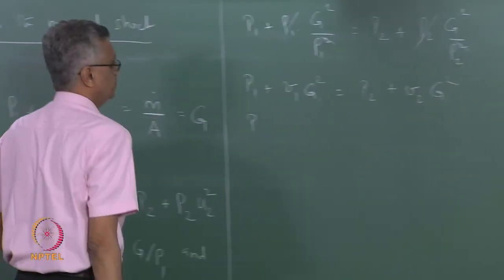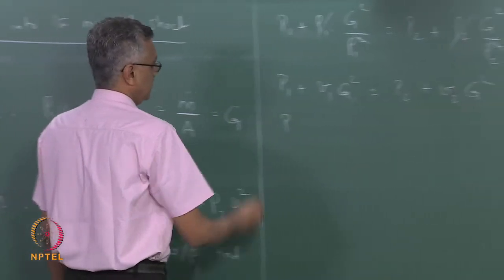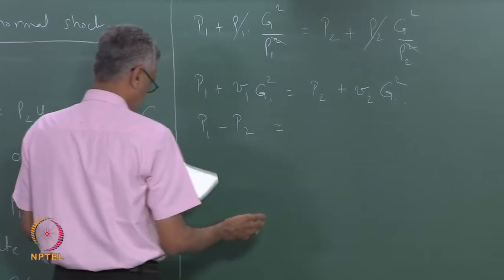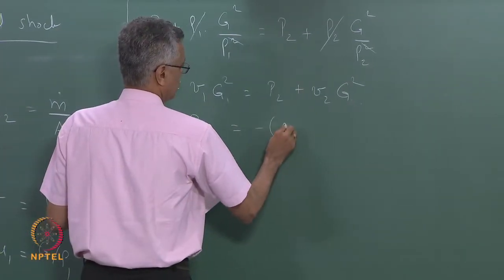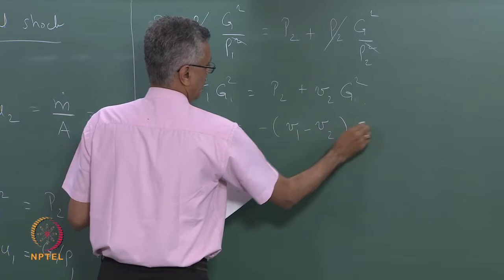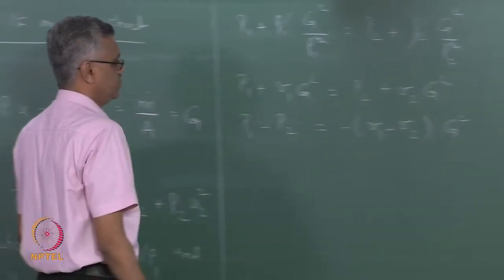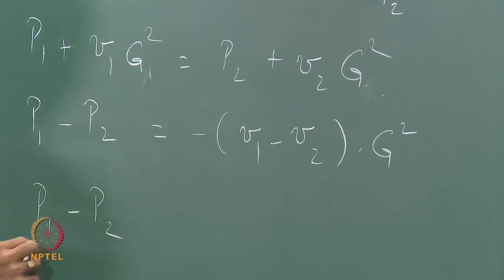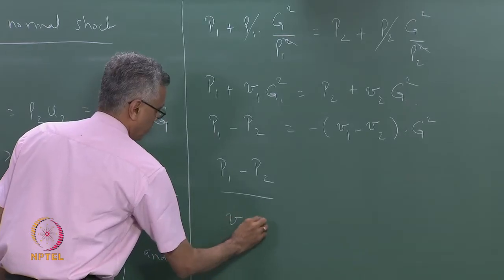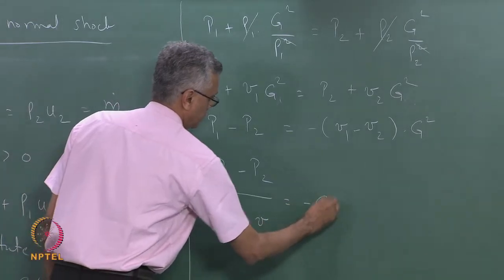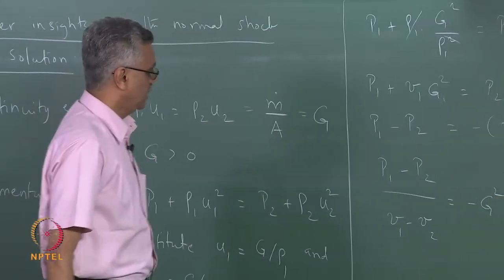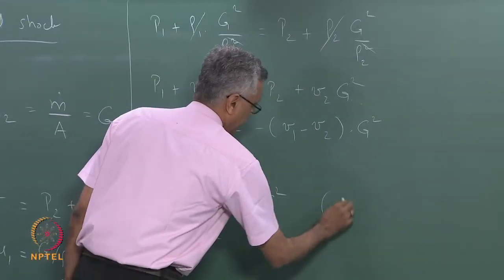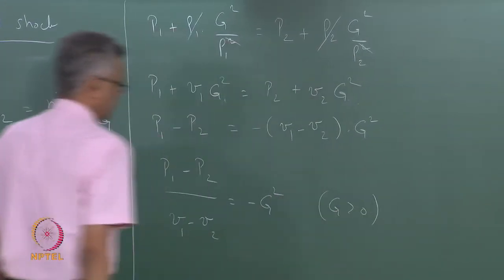There is no G1 or G2, this is G square, and if I rearrange this, I can write this as P1 minus P2 is equal to minus V1 minus V2 times G square, or I can finally write this as P1 minus P2 divided by V1 minus V2 is equal to minus G square. And remember, G is a positive quantity. And let me emphasize that again, G is always greater than 0.